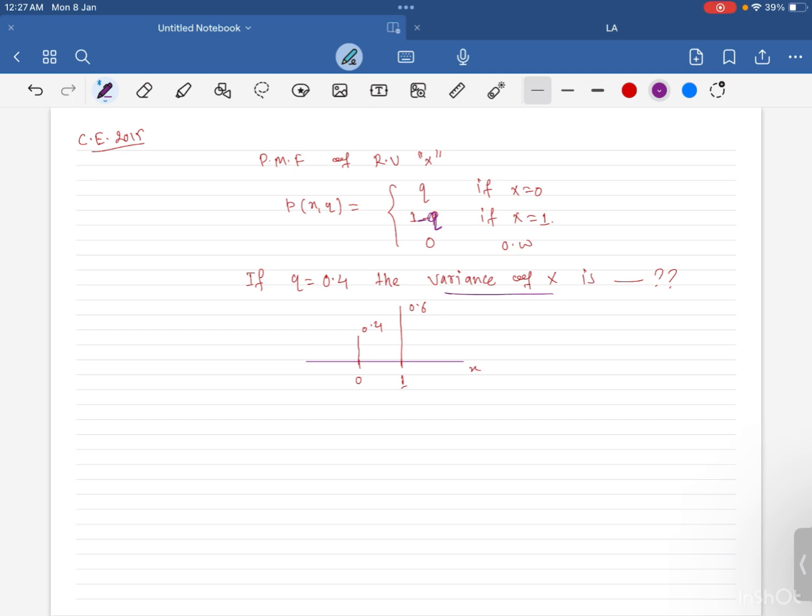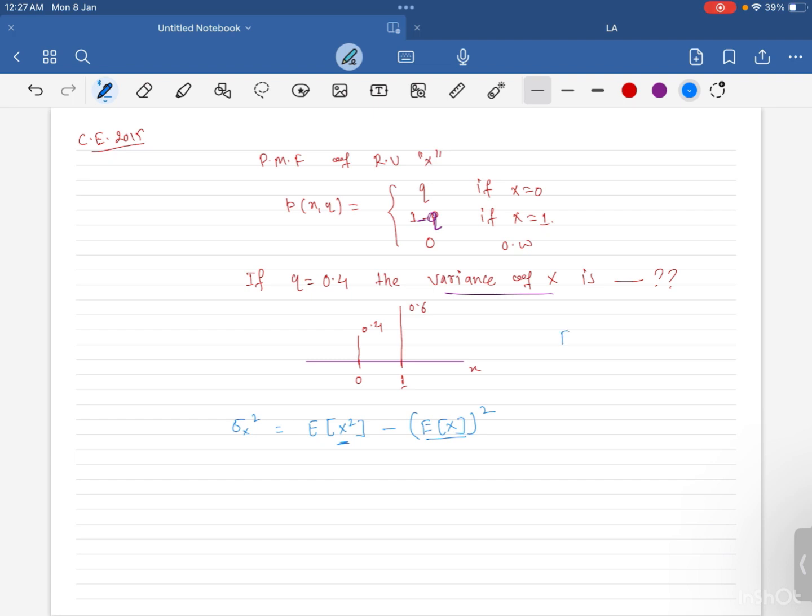How can we define the variance of x? Sigma x square is equal to the expected value of x square minus the square of the expected value of x, okay? So overall we will have to find the expected value of x and the expected value of x square.